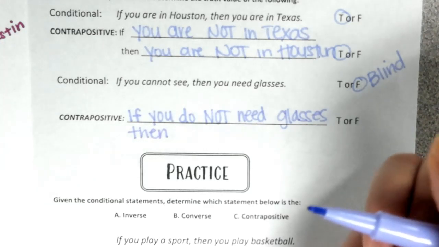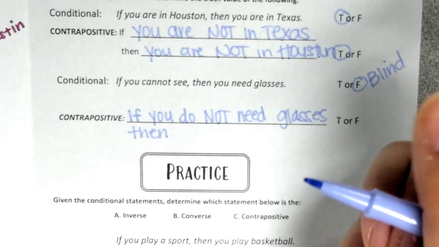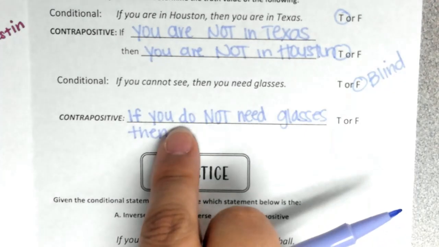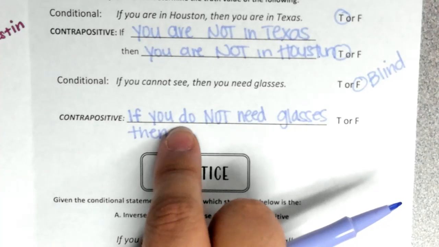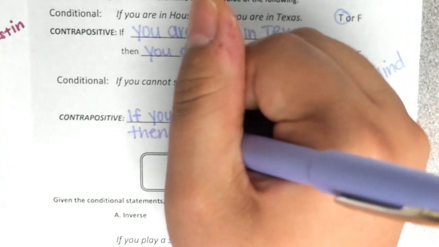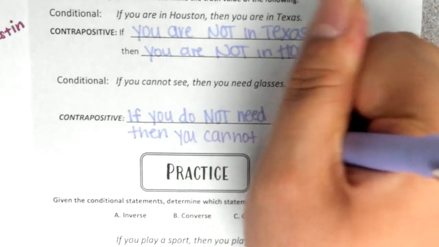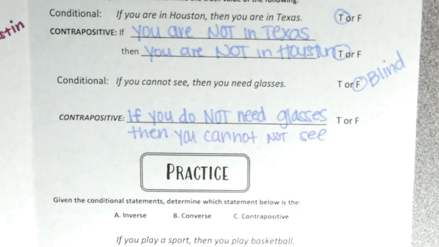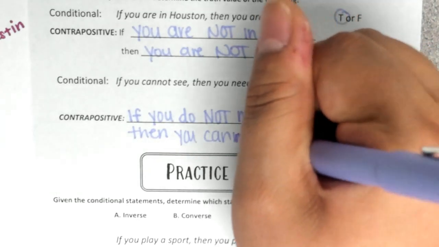Then you can. Are you going to write you cannot not? No. That's two negatives. What do we know about two negatives? You could totally write then you can not see, but why would we write that when I can just instead write then you can see. Don't write two negatives.